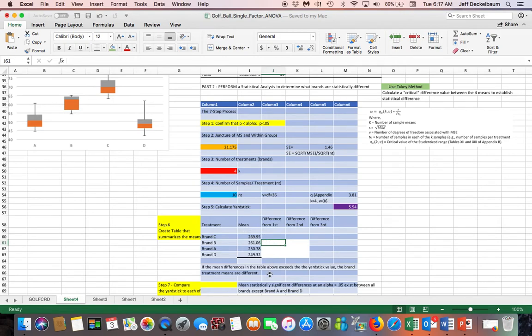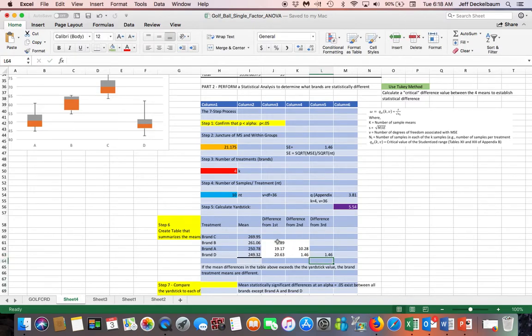In this column, we're going to compute the difference between brand C and brand B, brand C and brand A, and brand C and brand D. In this column, we're going to calculate the difference of brand B minus brand A and brand B minus brand D. And then here, we're going to calculate the difference between brand A and brand D.